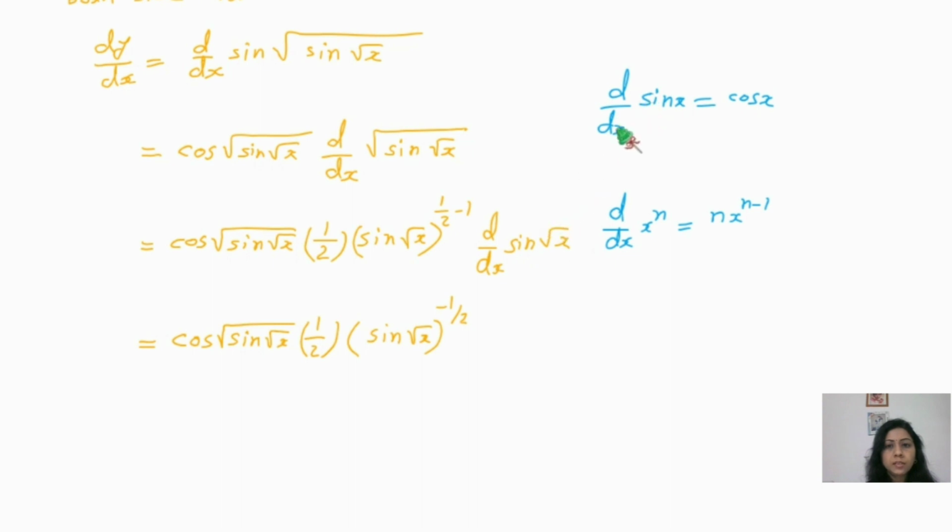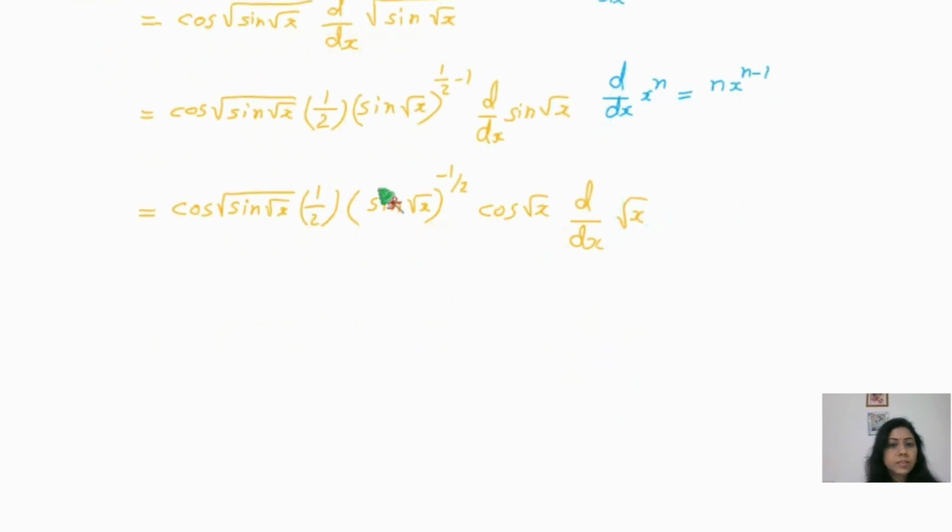Again we apply d upon dx sine x, so we can write cos x. So this sine we can convert into cos square root x. Again we differentiate this part. We are using chain rule here. We can simplify this part and differentiate this.